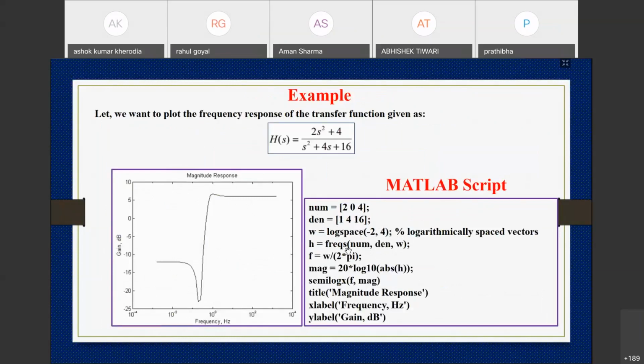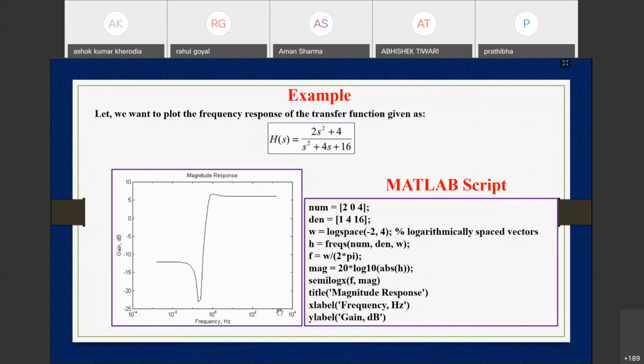Then I'm finding the frequency response. I want to find the magnitude response, so that is 20 log base 10 of the absolute value of H. H is the response. By computing this, now I'm plotting with semilogx. I'm trying to create a semi-log graph where the x-axis will be logarithmic while the y-axis will be linear.